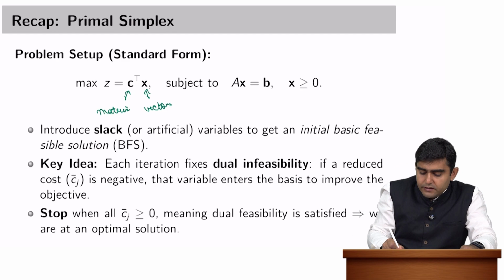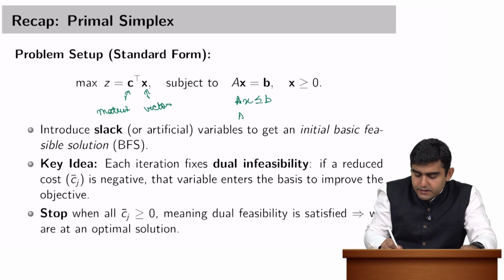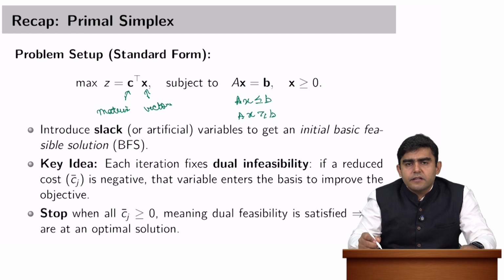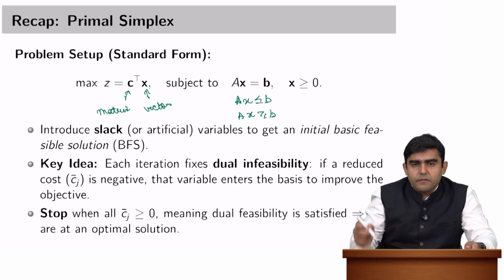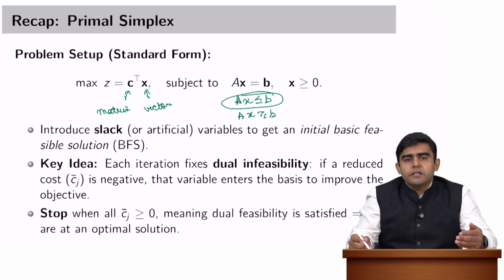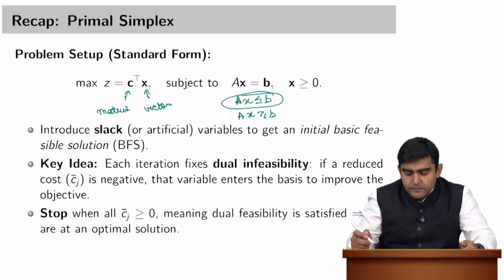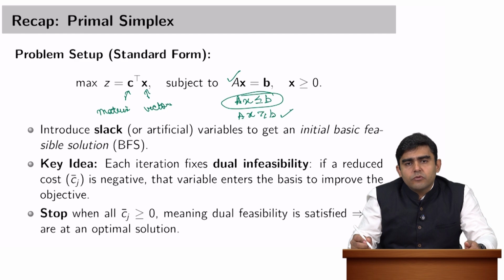We learned that ax less than equal to b is one of the cases, and ax greater than equal to b is another case, and we realized that the simplex method, which originally was designed for maximizing some function subject to less than equal to constraints, can be adapted to equality constraints as well as greater than equal to constraints.